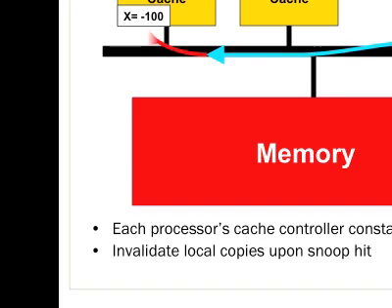The operation now is invalidation. It is essentially saying to the cache of the first processor that the address or the variable X that you have cached is now invalidated.